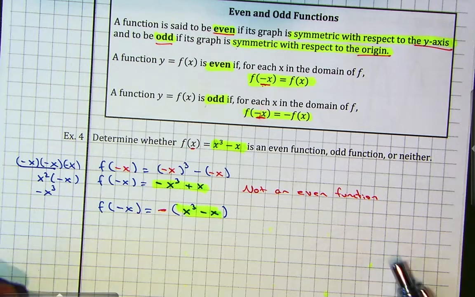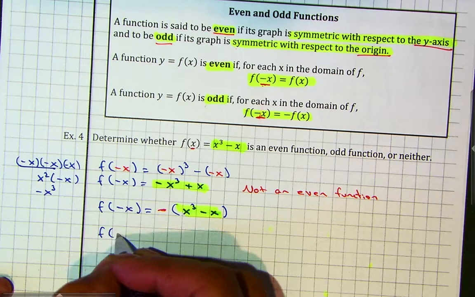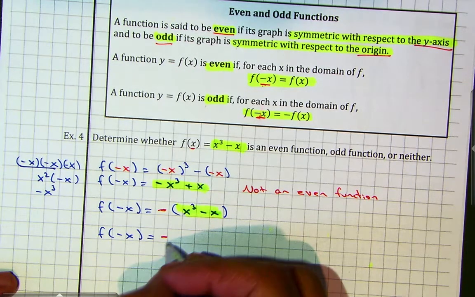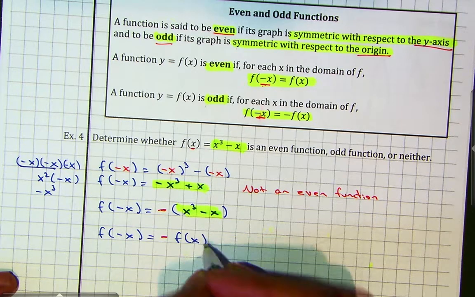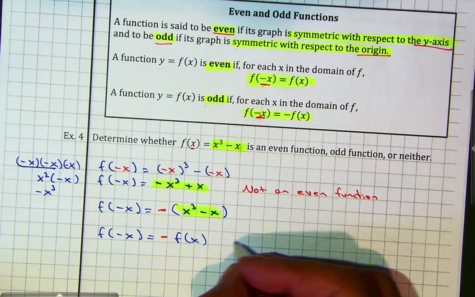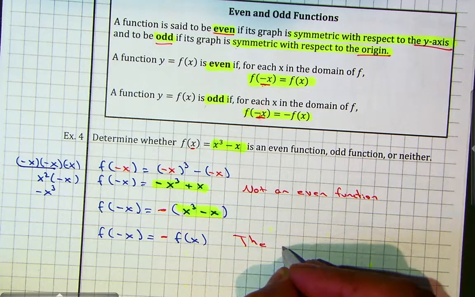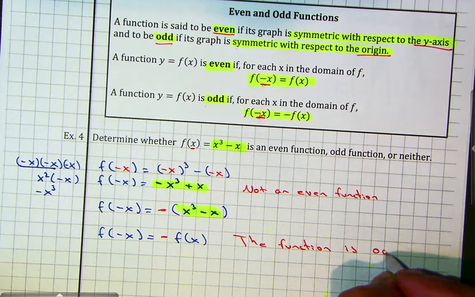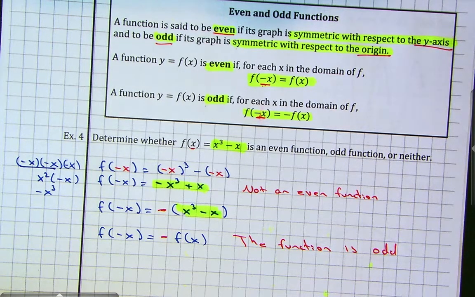So therefore, f of negative x is equal to negative f of x, and that is the notation that we use. The function is odd, which means that it's symmetric to the origin.